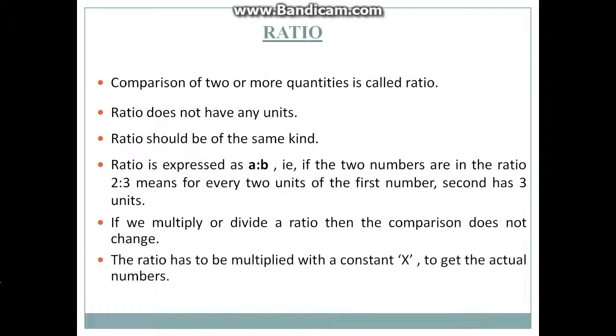The ratio has to be multiplied with a constant x to get the actual number. If A and B are in the ratio 2 is to 3 and you want A's actual number, then you need to multiply a constant to the ratio of A, which means it becomes 2x. Likewise, for B it becomes 3x.